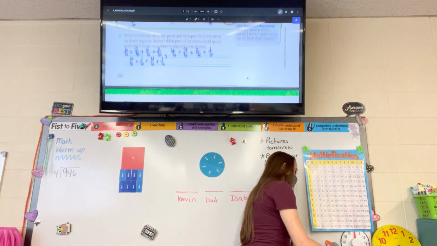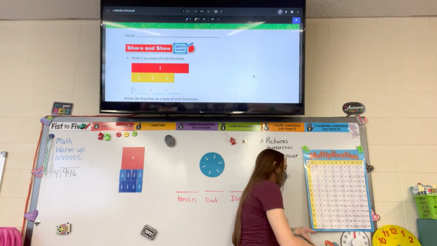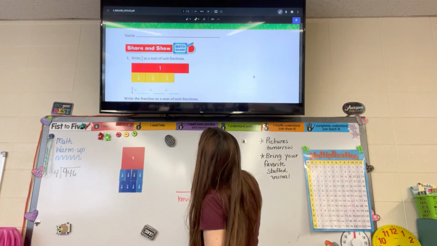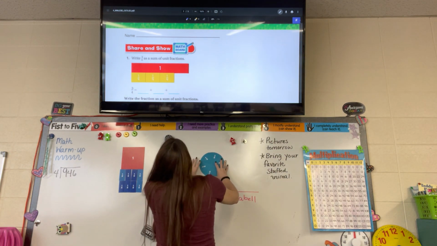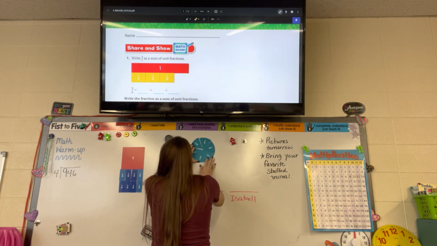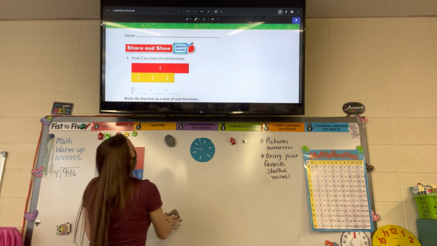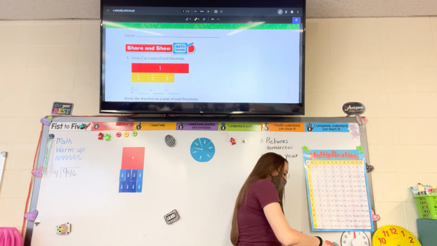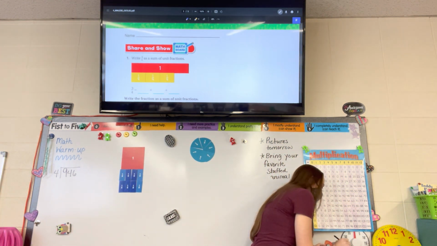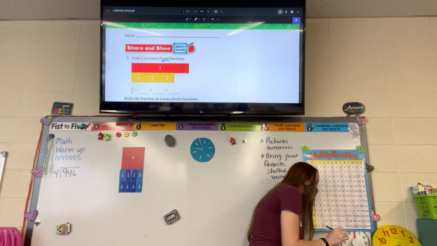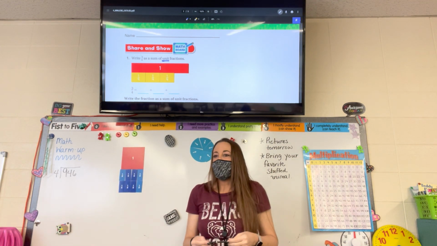All right, so let's move on. Stay focused. Okay, 3/4 is the sum of fractions. They want us to take the fraction 3/4 and write it as a sum of unit fractions. Everybody underline the word unit on page 3.